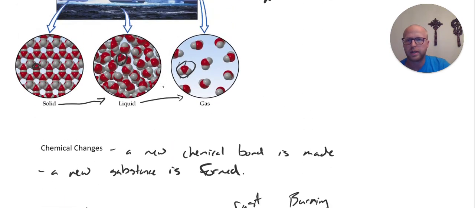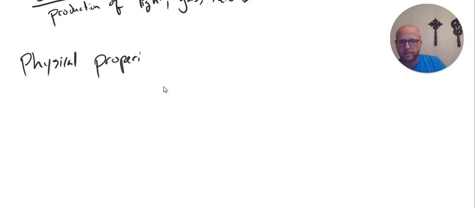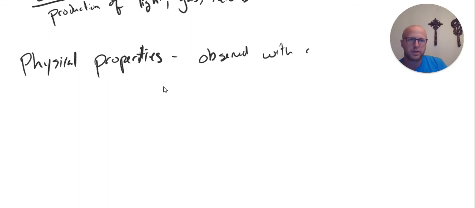Okay, so now we can break that down into physical properties and chemical properties. So we have chemical and physical changes, and we also have physical properties and chemical properties.